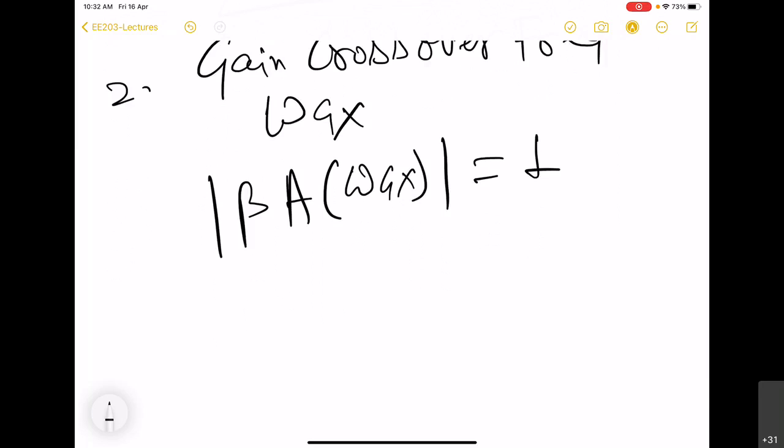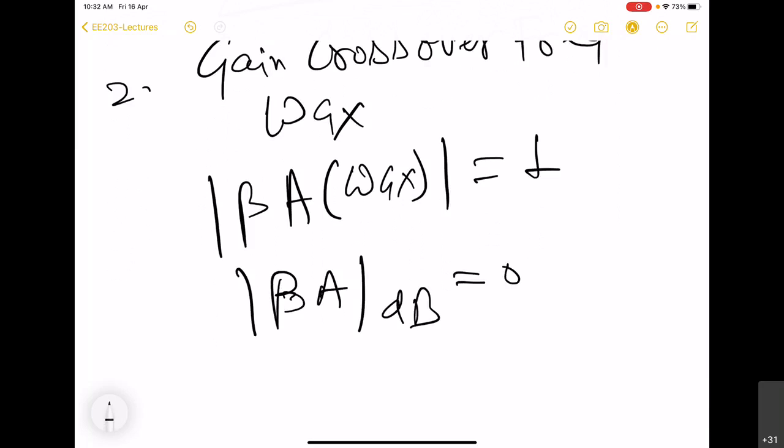And since we typically plot this loop gain in dB, so 20 log, or you can say beta A in dB is going to be 0. So now we will talk about the stability of amplifier in terms of these two frequencies.